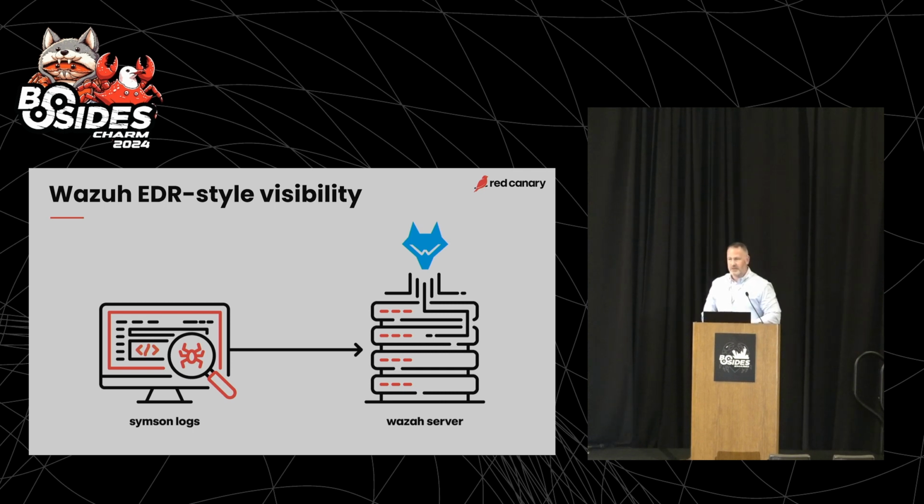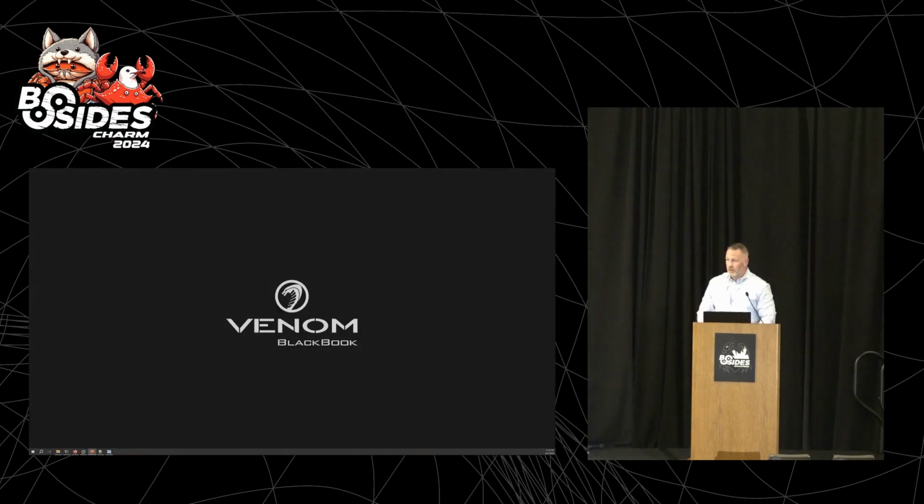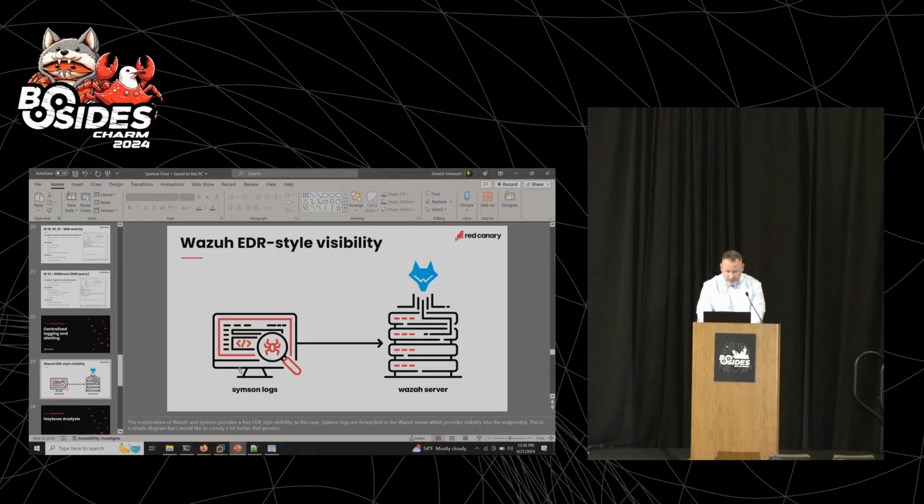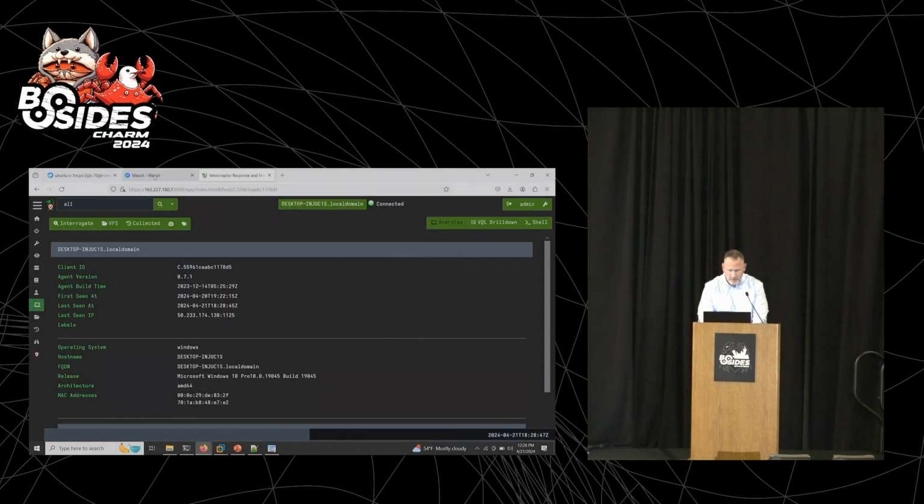Basically, it is an open source endpoint detection and response logging capability, with actual alerting that it can execute on specific logs that we have. So we're going to go ahead and pivot into there.